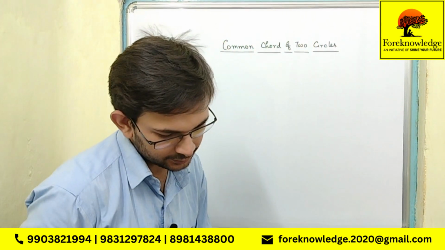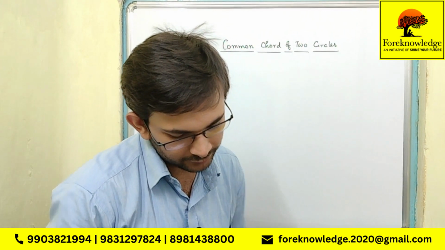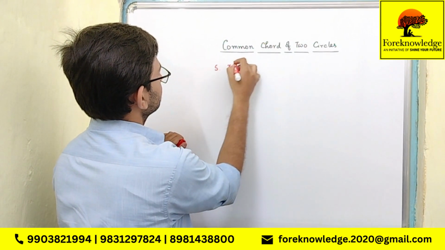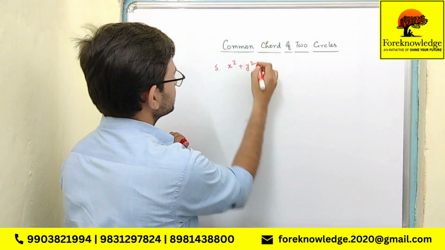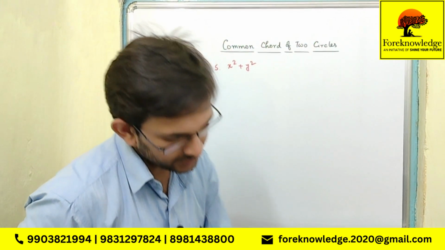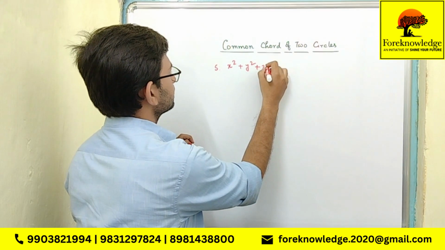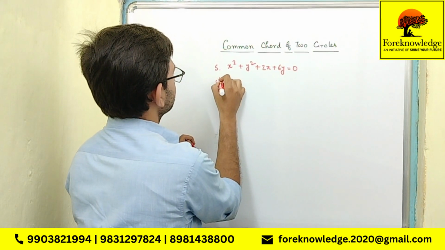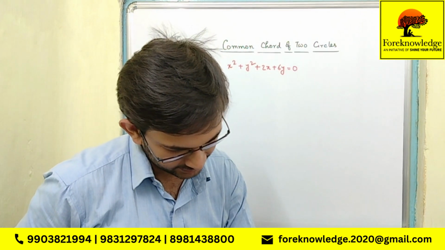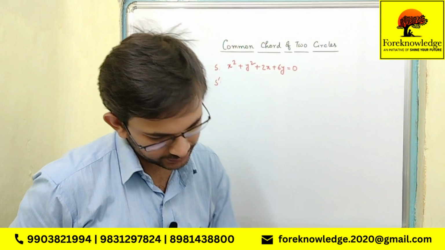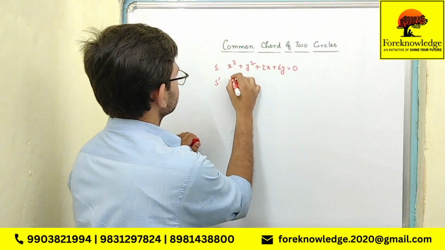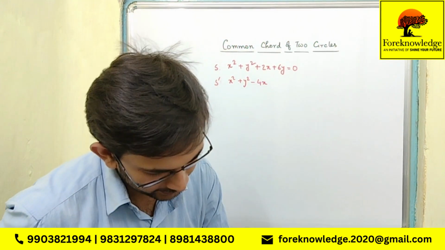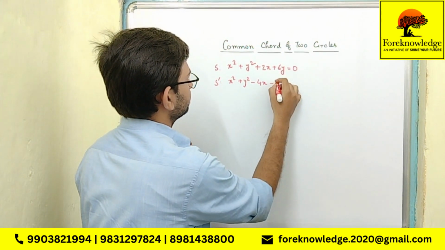The problem says, find the length of the common chord of the circles S: x square plus y square plus 2x plus 6y equal to 0, and S dash: x square plus y square minus 4x minus 2y minus 6 equal to 0.